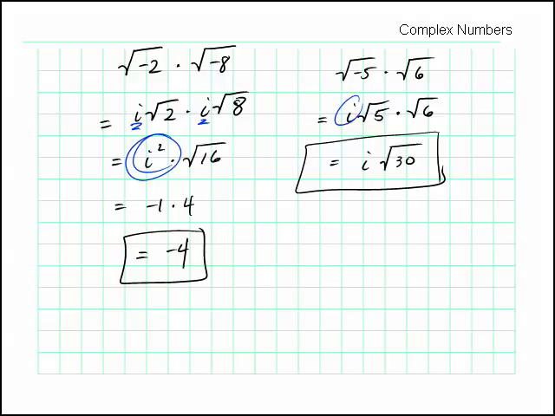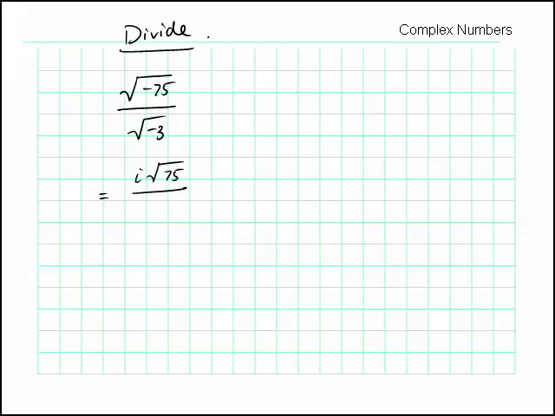Okay, that's how we multiply imaginary numbers. Let's look at a couple division problems now. Square root negative 75 over square root negative 3. Always write them with i's first. So we got i square root positive 75 over i square root 3.